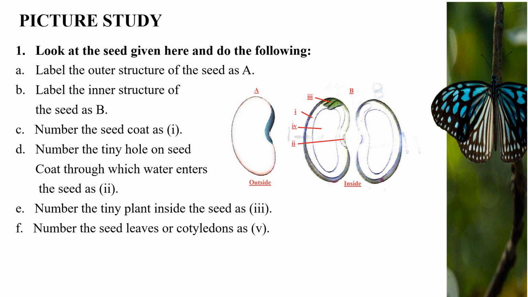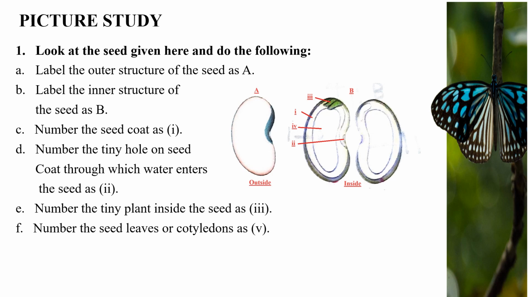Picture study. Look at the seed given here and do the following. First, label the outer structure of the seed as A. Label the inner structure of the seed as B. C. Number the seed coat as Roman I. D. Number the tiny hole on seed coat through which water enters the seed as 2.